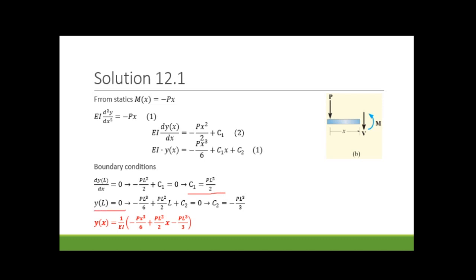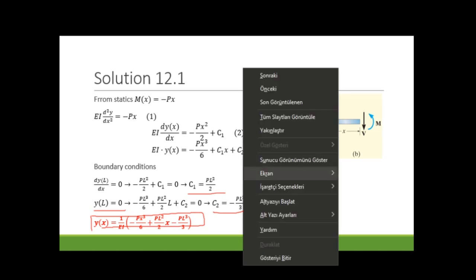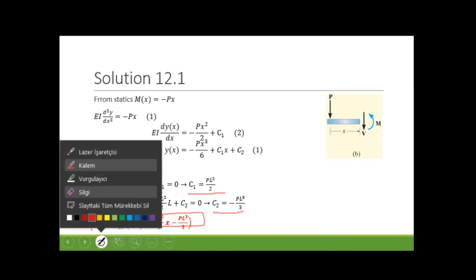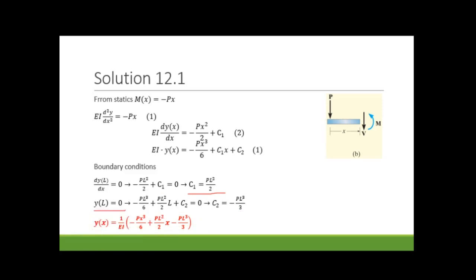If I put y(L) equals 0, I can find C2, and after that if I put C1 and C2 in equation 1, we can find the y(x) function. Also if I take one more integration, I can find the slope function.